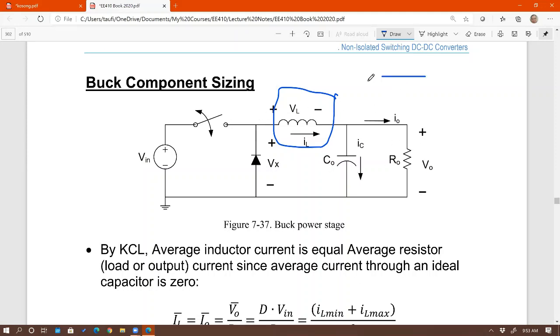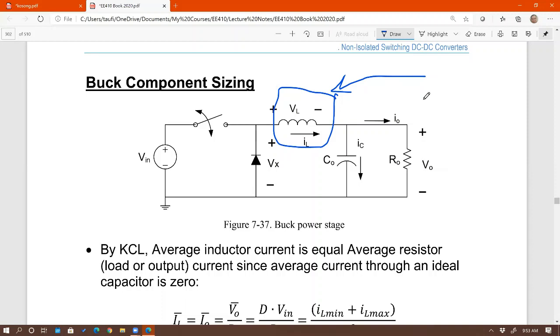So the first important step in the design is to be able to size the inductor. Now tell me, what kind of parameters do you need to determine to be able to size an inductor?